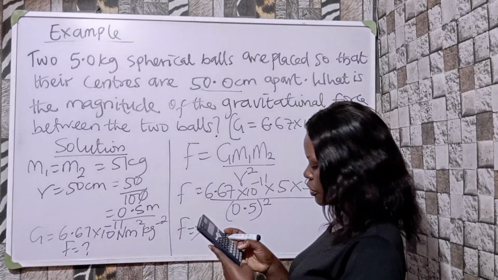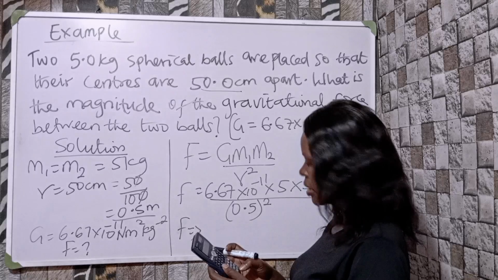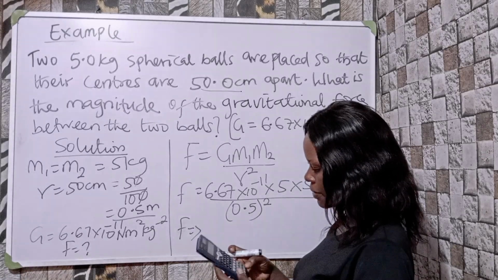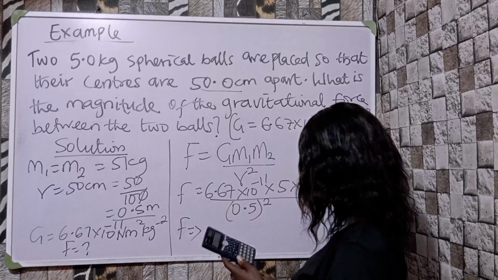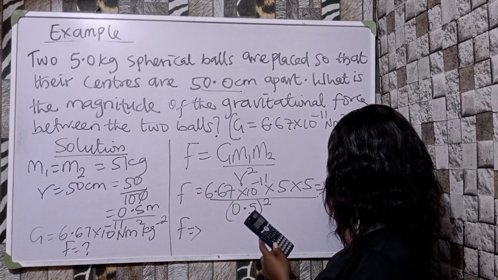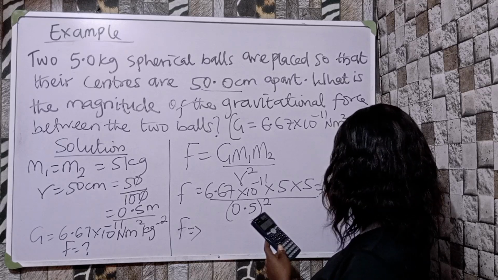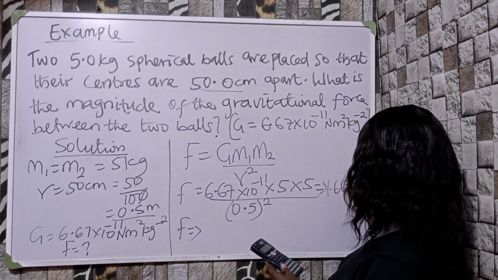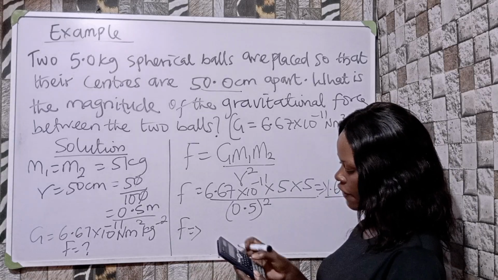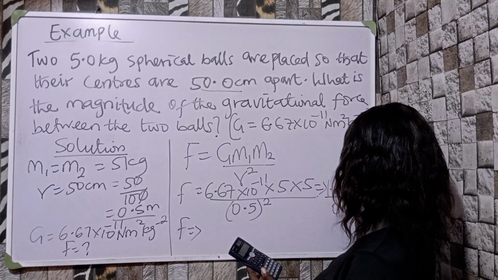With the help of your calculator, 6.67 exponent minus 11 times 5 times 5 is equal to 1.667 times 10 raised to power minus 9. Divided by, let me square this, 0.5 square is going to give me 0.25.